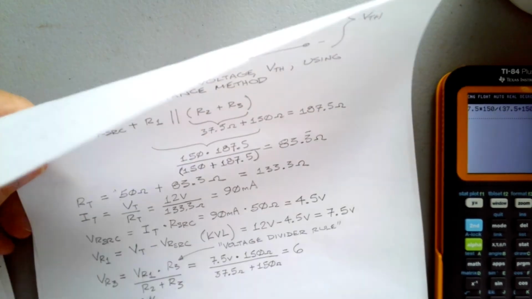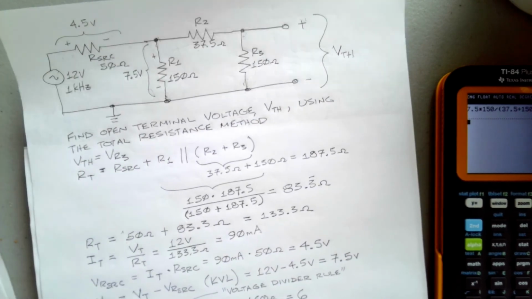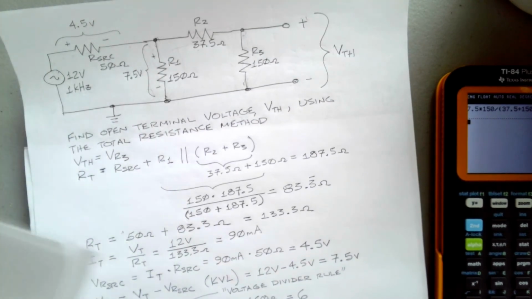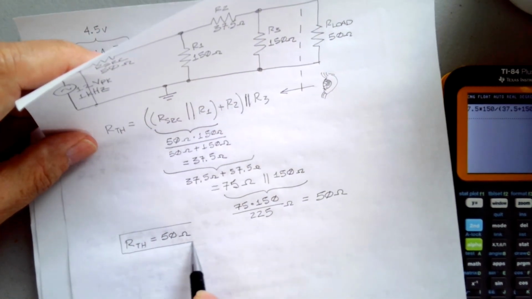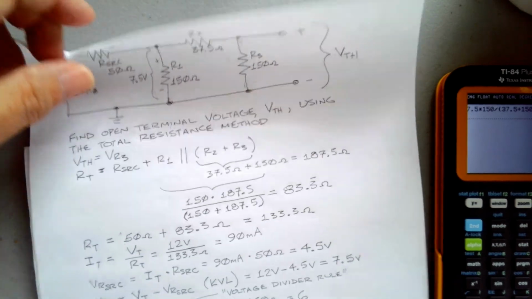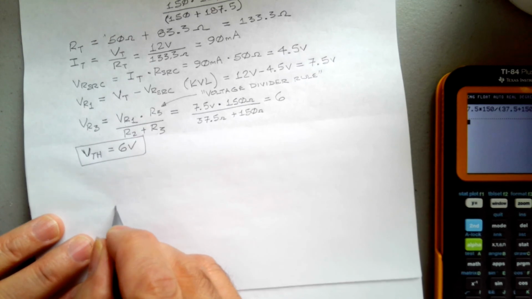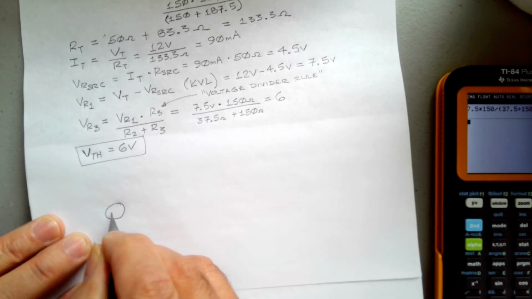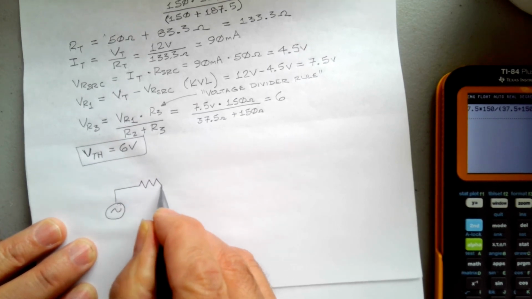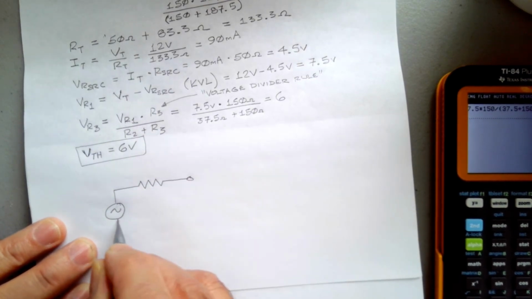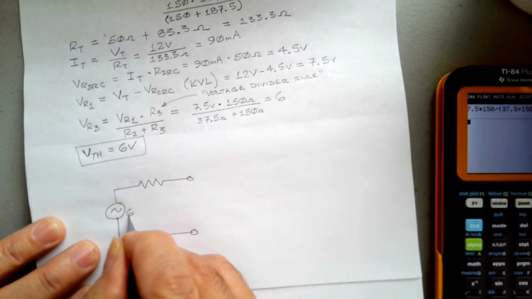So given that V Thevenin equals 6 volts, and given that R Thevenin equals 50 ohms, I guess we can put this on here, we can now say that our Thevenin equivalent circuit is 6 volts.